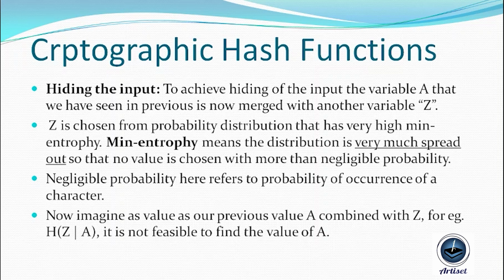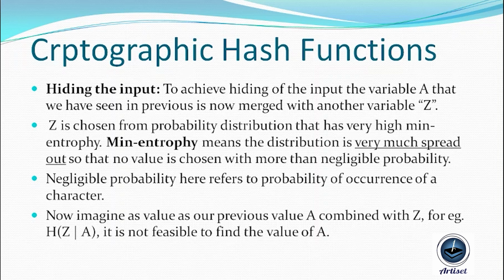Min entropy means the distribution is very much spread out so that no value is chosen with more than negligible probability. Negligible probability here refers to the probability of occurrence of a character.